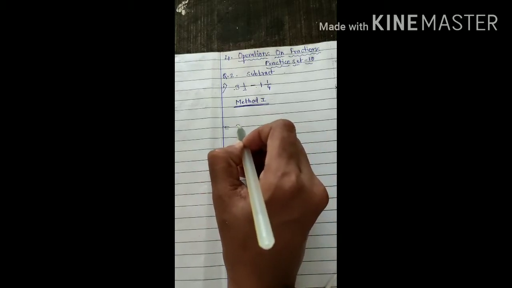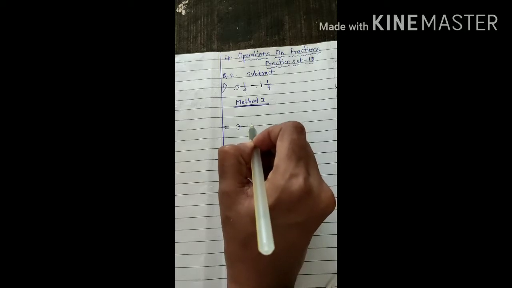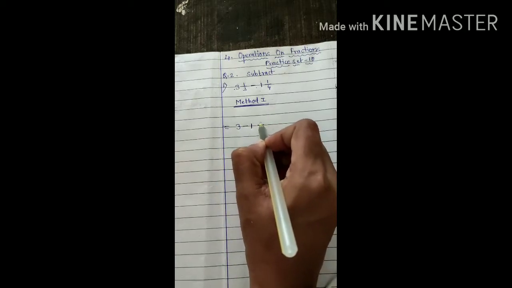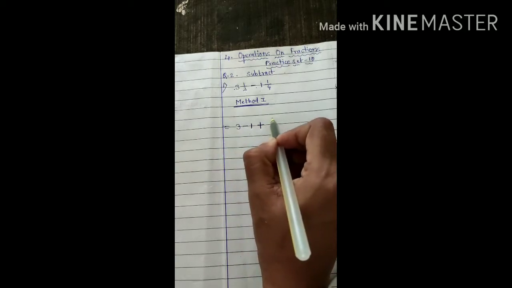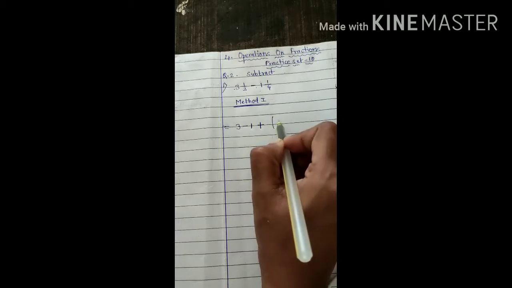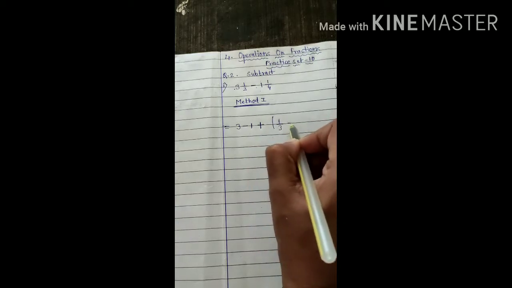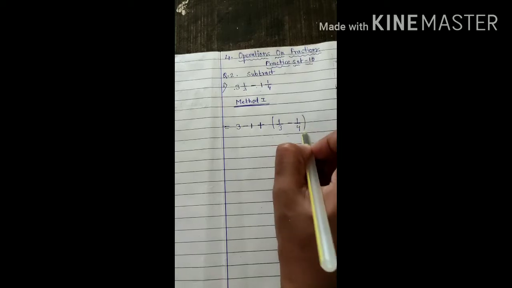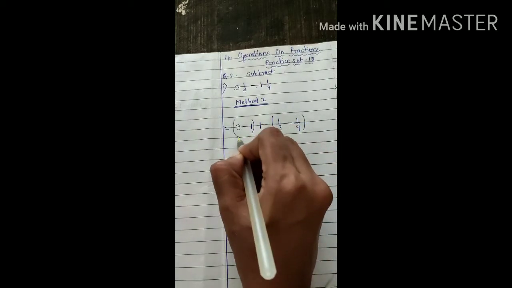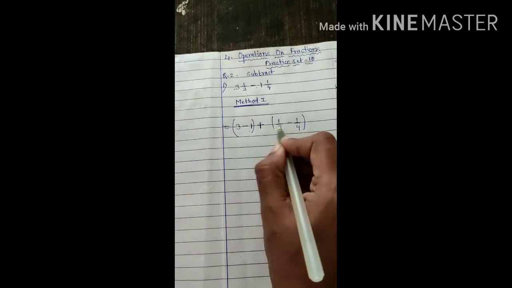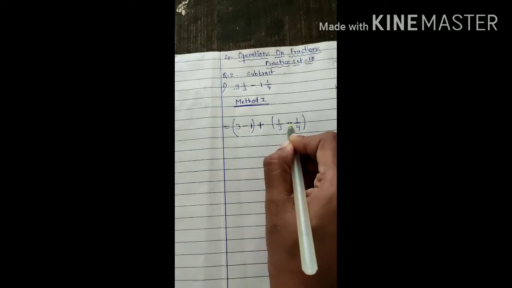So 3 minus 1, बीच में प्लस का ही साइन रहेगा, then 1 upon 3 minus 1 upon 4.